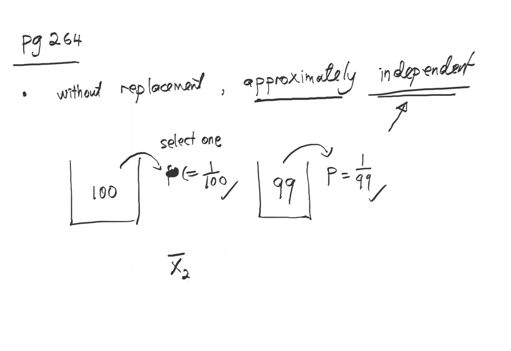So 1 over 100 and 1 over 99 is almost the same, correct? That's why they put approximate. But if I select 10, then that will be different. So the 10th that I select, the probability will be what? 1 out of 90. So you see, the chances will become more and more.